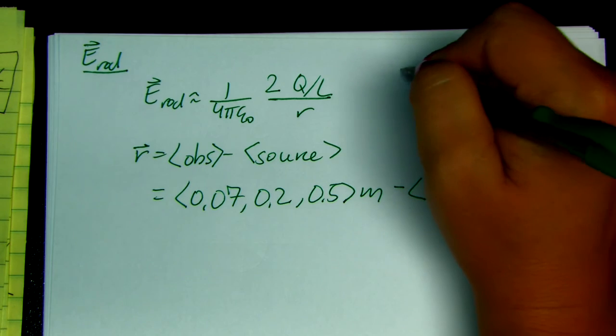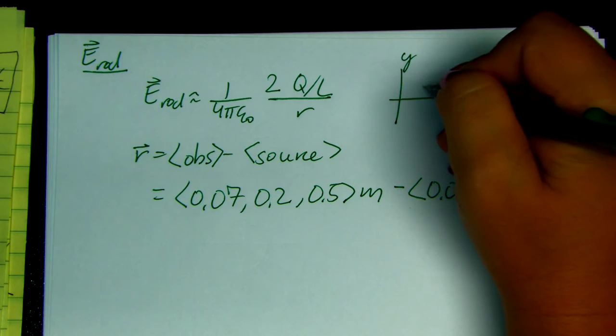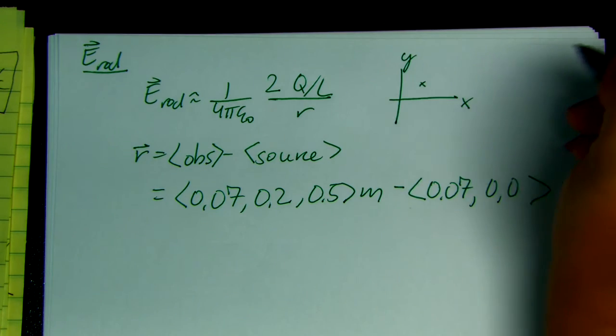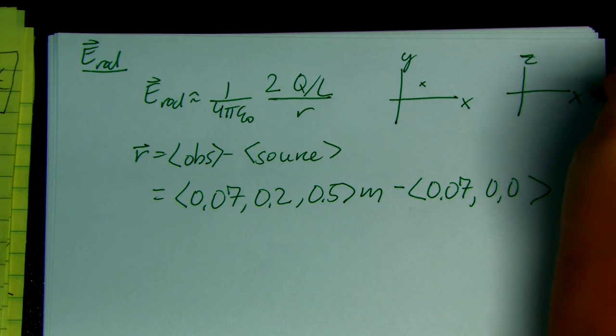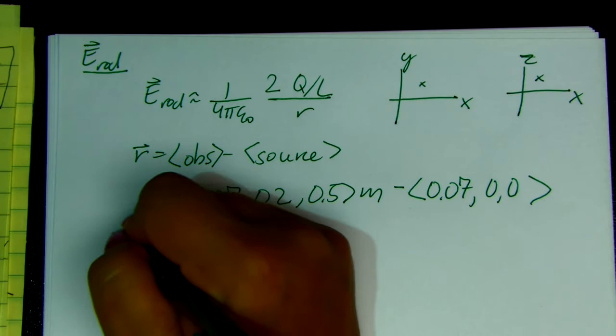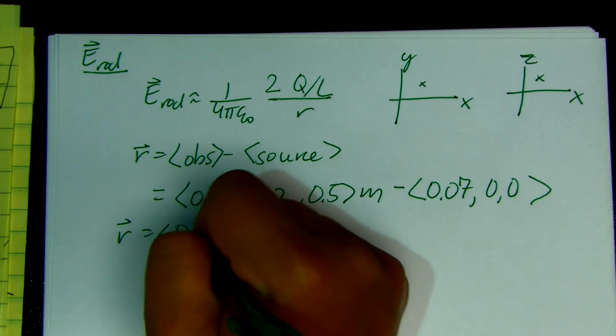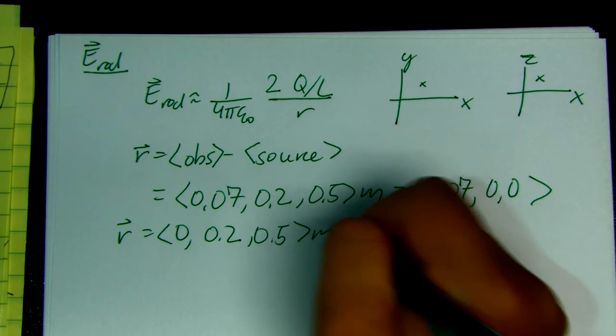So if we look at that, so here's y and x. So you'd be observing here, and then z and x, and you're observing here. Okay, so r is equal to 0, 0.2, 0.5 meters.